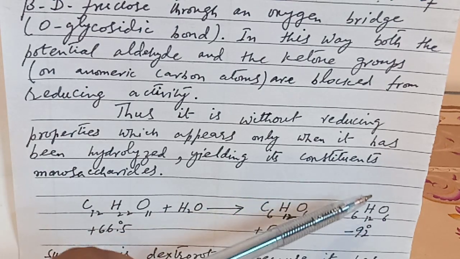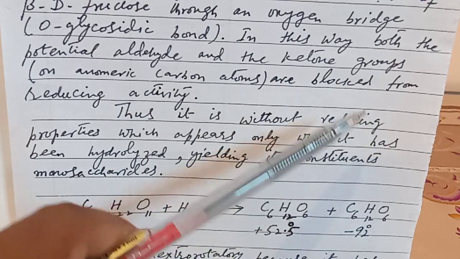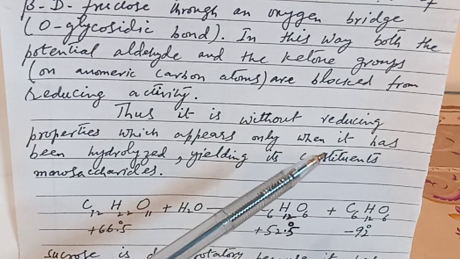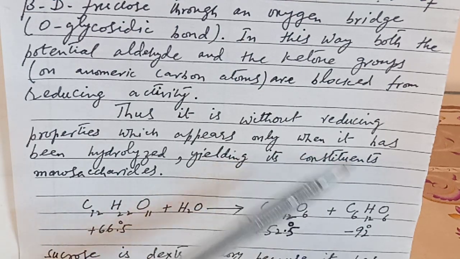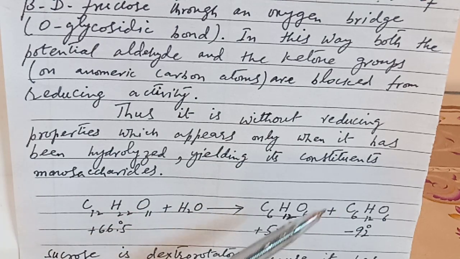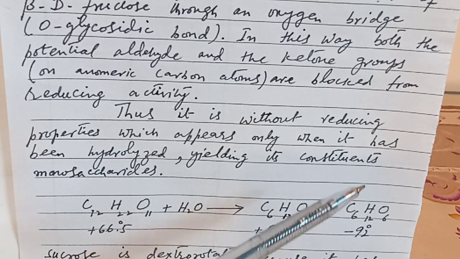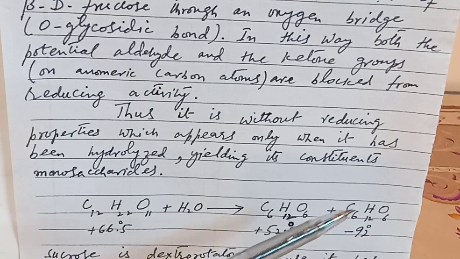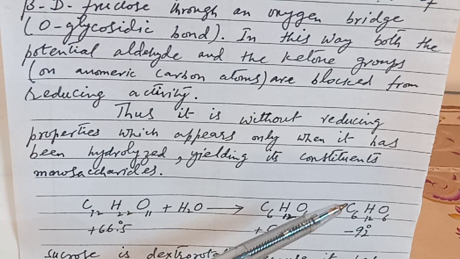Before the hydrolysis, when it was a constituent of sucrose, the fructose was dextrorotatory, but when sucrose is hydrolyzed, the dextrorotatory phenomenon converts into levorotatory for D-fructose, with a much greater angle, minus 92 degrees.